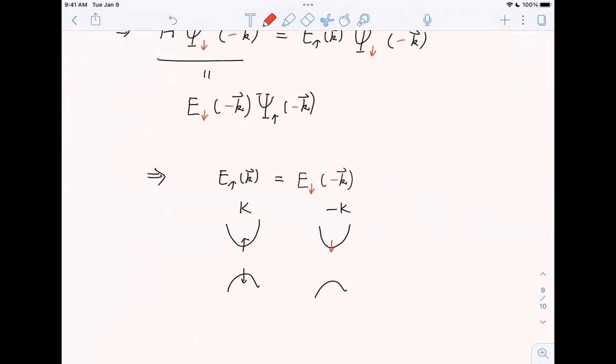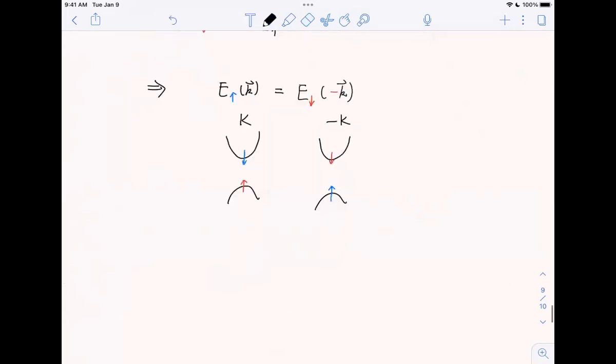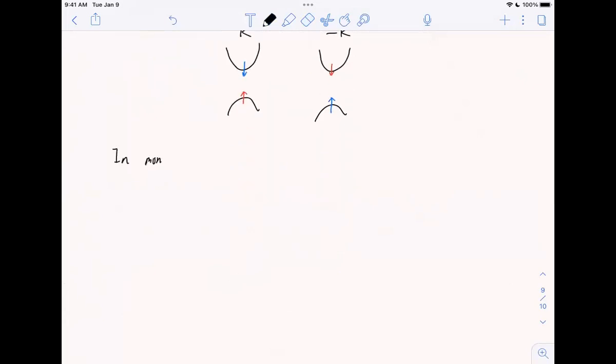Let me use a different color. Okay, so in monolayer MoS2, we have time reversal symmetry, but no inversion symmetry.